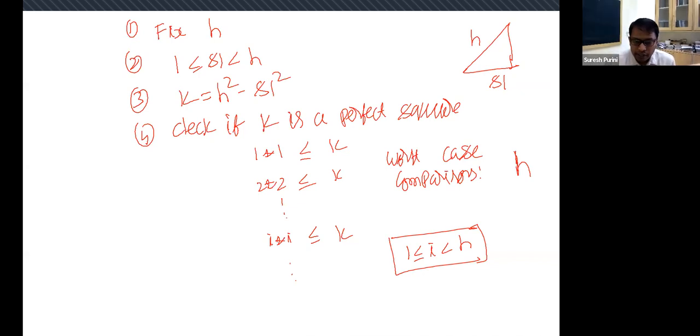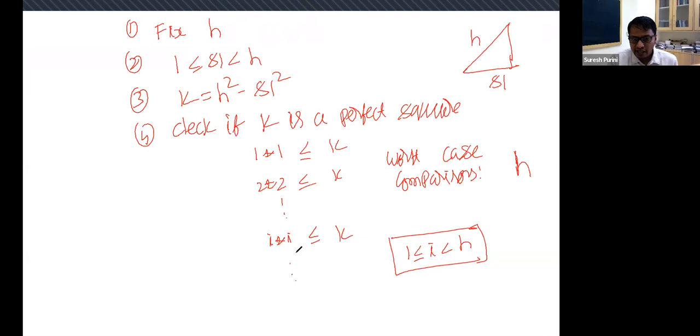And so can we do better than this? That's the question. One thing we know for sure is that the value of I lies between 1 and h. So here we can apply the same approach. Our initial estimate of the value of I is that it lies between 1 and h minus 1, if at all that square root exists.